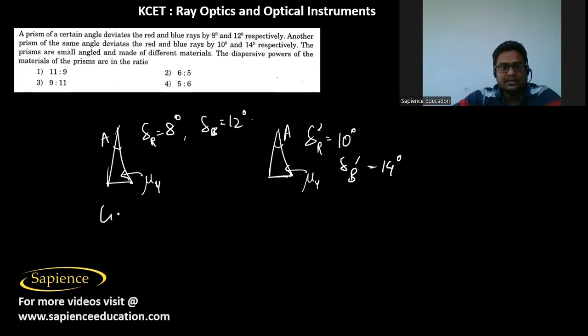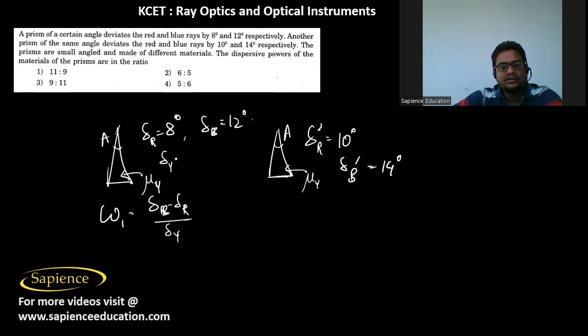Suppose the dispersive power of the first prism is omega 1. As we know, that is delta b minus delta r by delta y, where delta y is the angle of deviation for the yellow color.